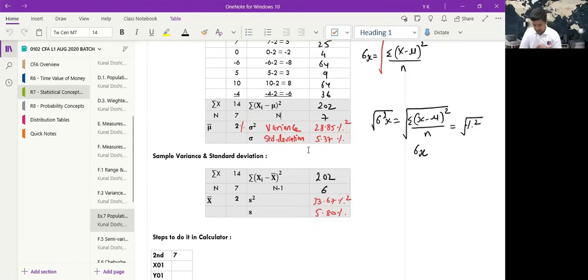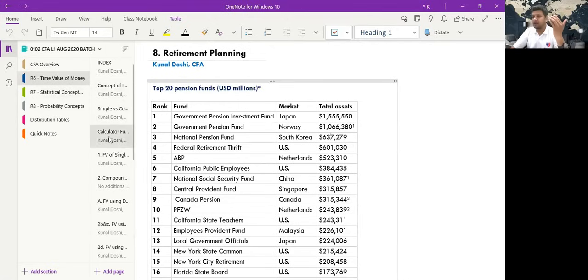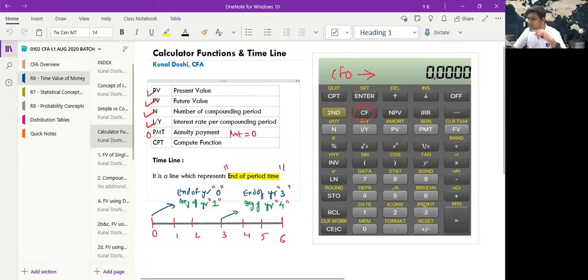Okay. So everyone, in your calculator, what is there behind 7? Just behind 7, you have data, in the yellow.